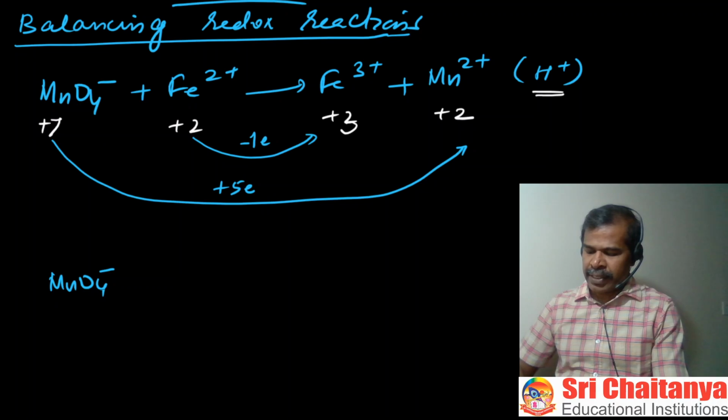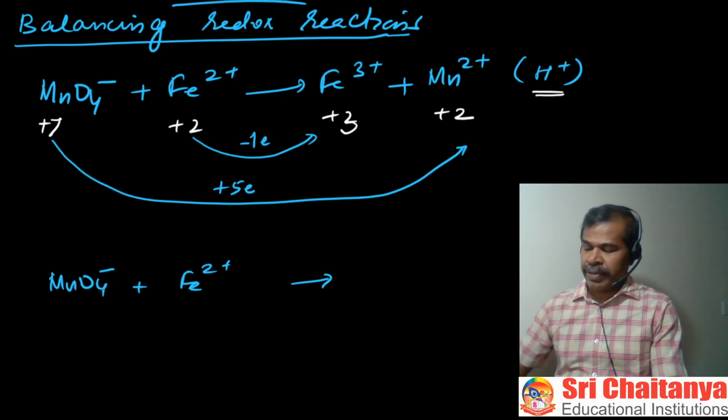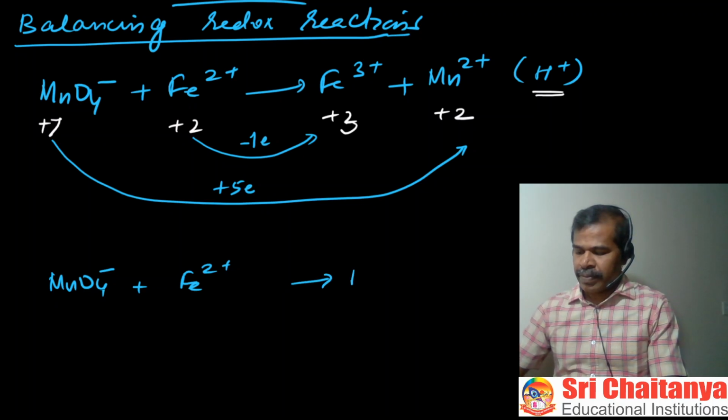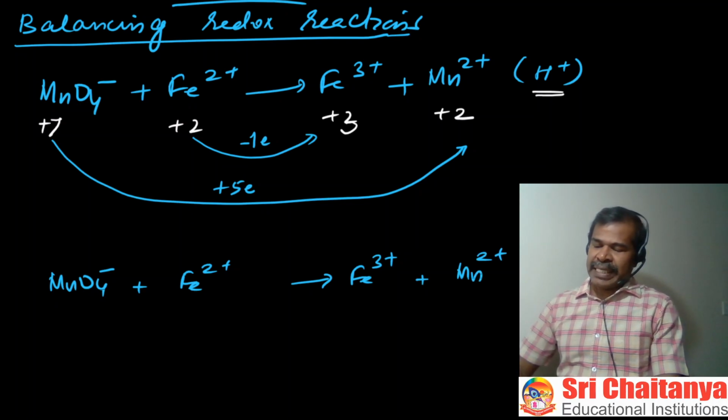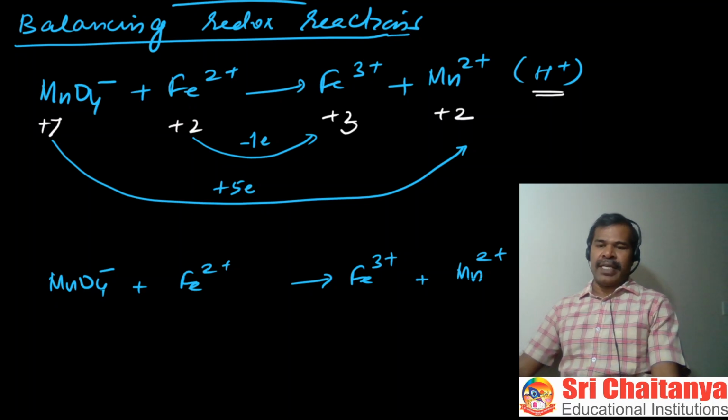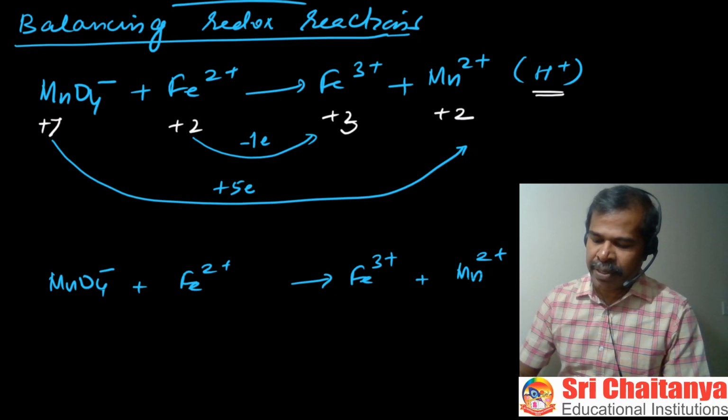MnO4⁻ plus Fe²⁺ giving Fe³⁺ and Mn²⁺. So what you do is exchange these numbers as the coefficients of the oxidant and reductant. I'll just label them.